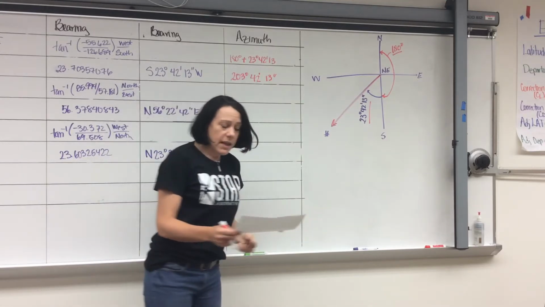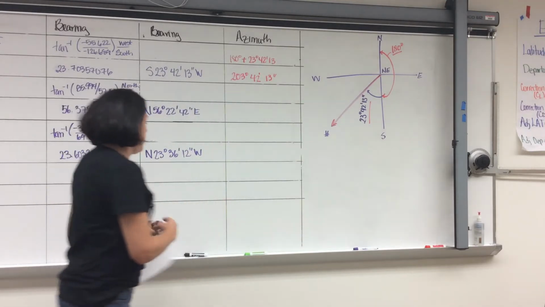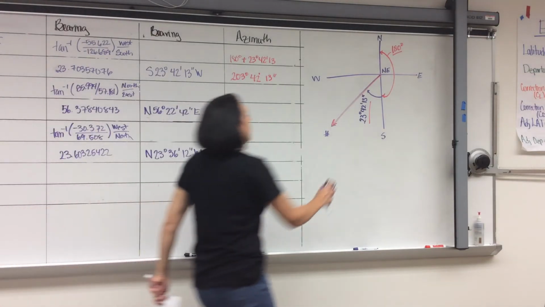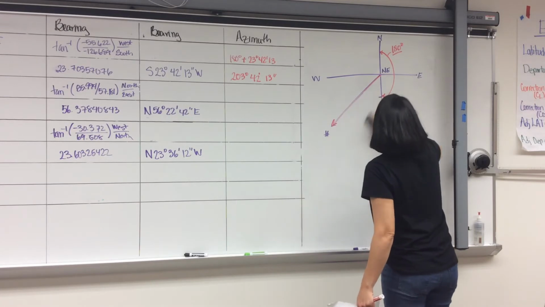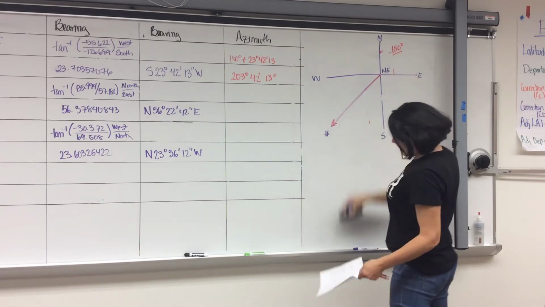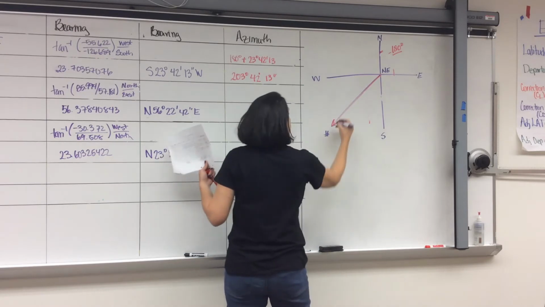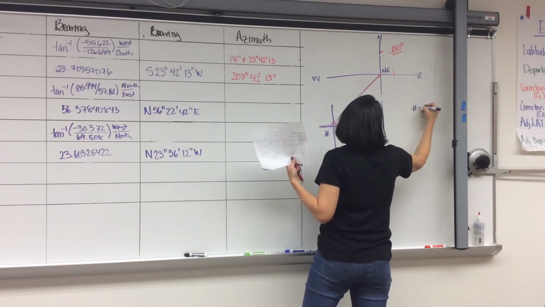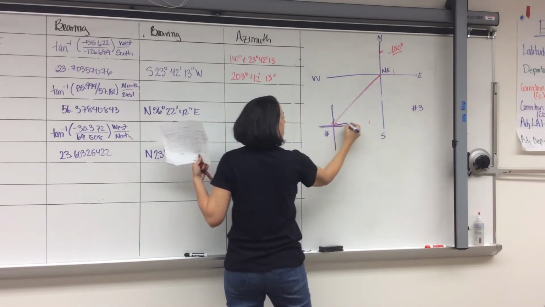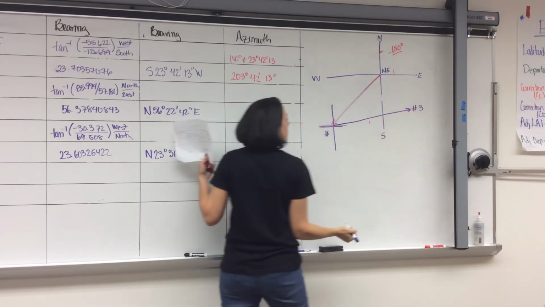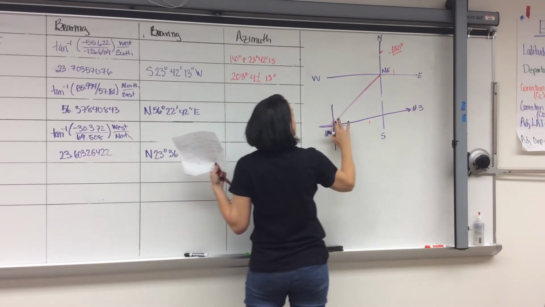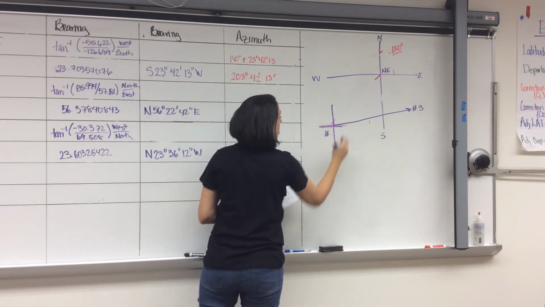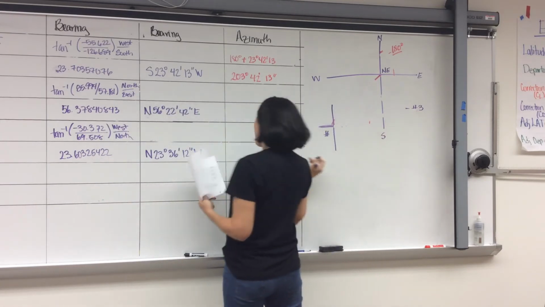Now, let me erase this. I've got my axis sitting here, and I've got point 3 over here. So now I'm going in this direction, right? Okay, not to scale.